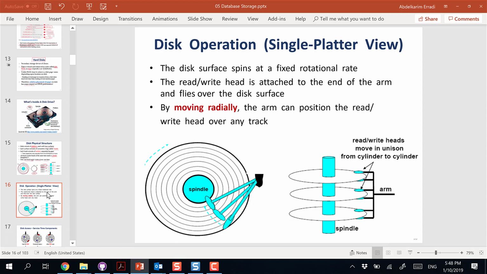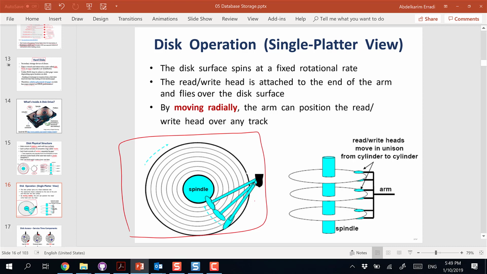So what we have here is a view of one single platter, made up of tracks, and the tracks are divided into sectors. These platters are attached to a spindle that rotates them, so these platters are rotating all the time.